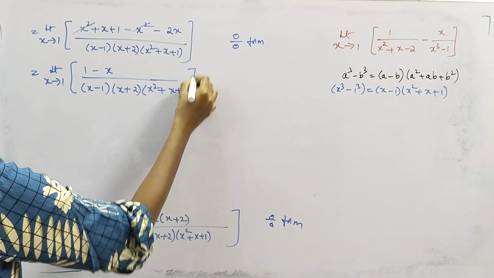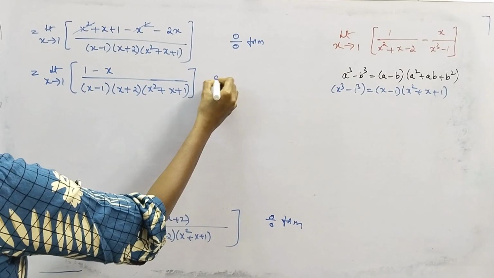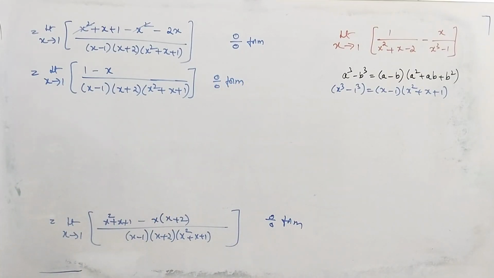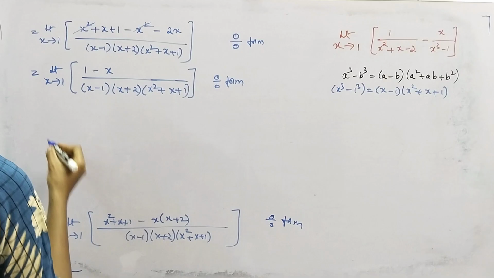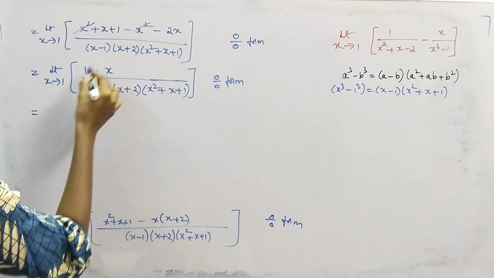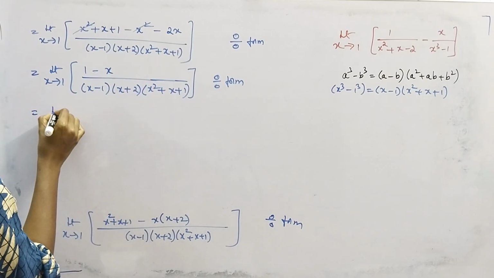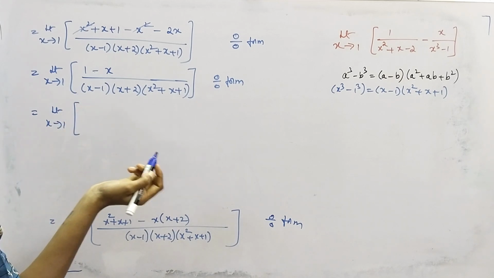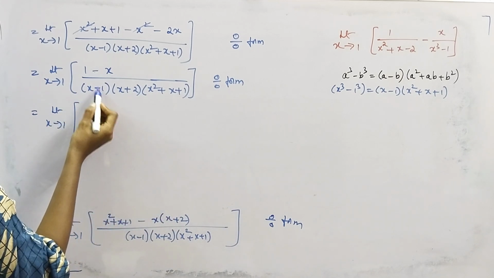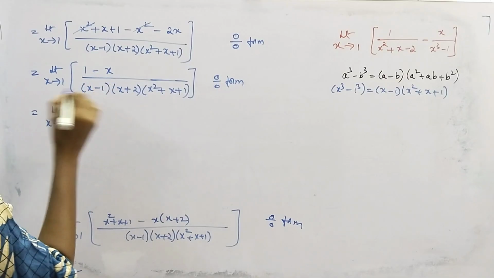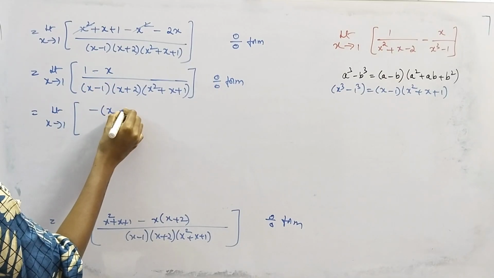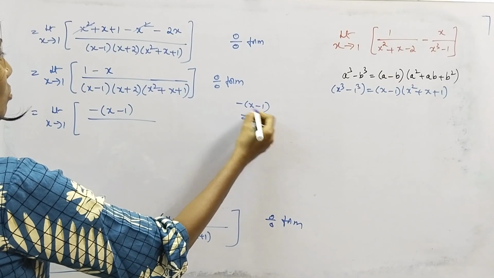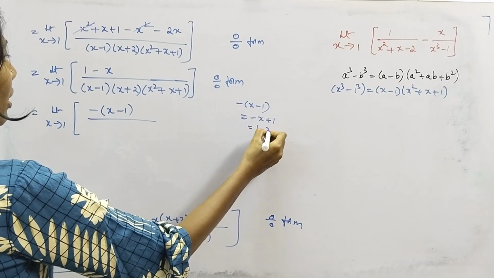We have to vanish the terms that make the expression 0 by 0 form, right? These two are the terms making the total expression 0 by 0 form. So what we are going to do is cancel out the common terms from the numerator and the denominator. Here you're having x minus 1, but here you're having 1 minus x. Let's write it as minus of (x minus 1). See, minus of (x minus 1) is minus x plus 1, which is 1 minus x, right?